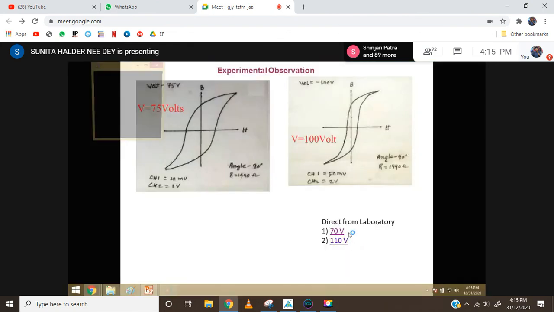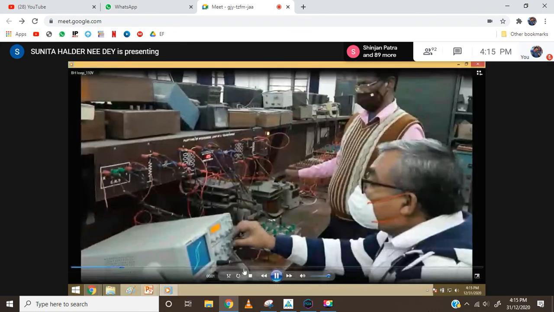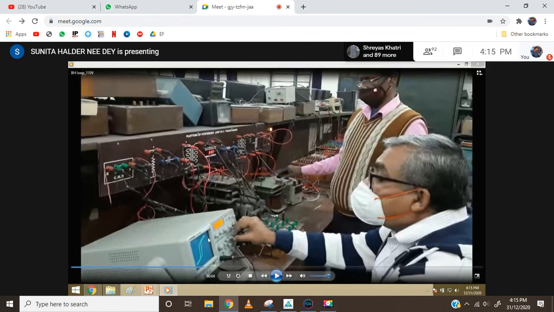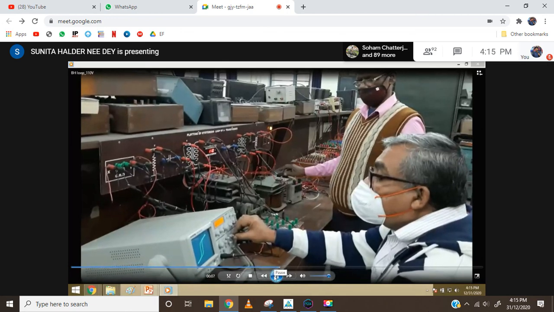Similarly for 110 volt, it will be beyond the screen, so you have to adjust the scale again. Some overlapping is coming because I1 is not perfectly the magnetizing current; some secondary component is there along with it. So there will be some overlapping. That is the limitation of our experimental setup.